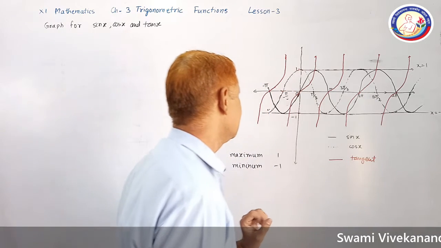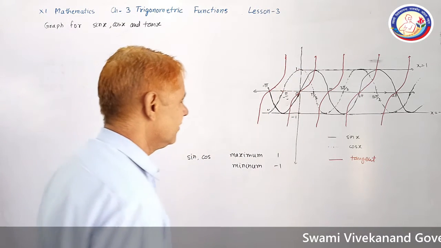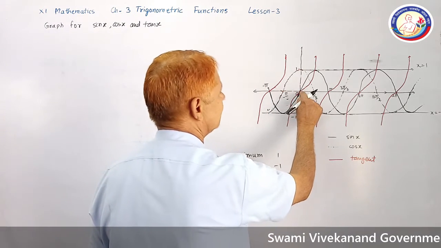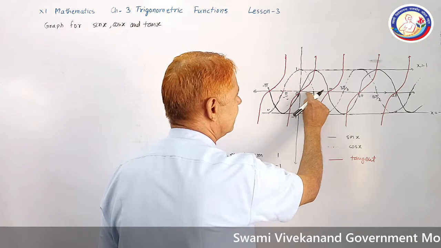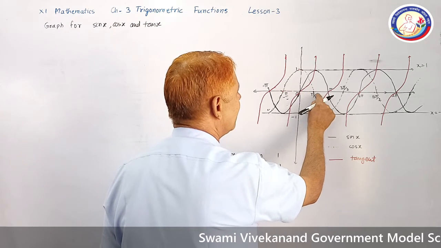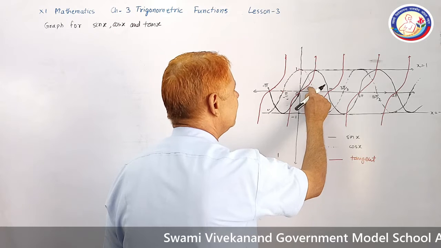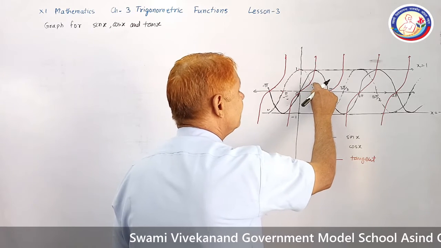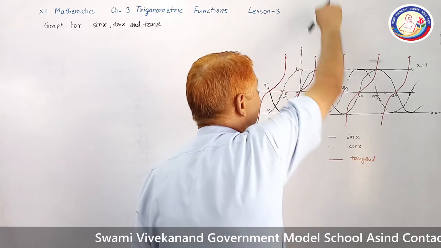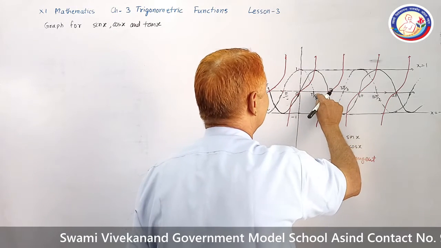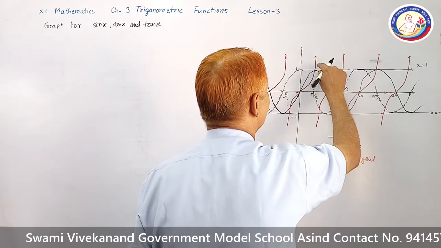Now what about tangent? We know that tangent 0 is 0. If the angle increases from 0 to pi by 2, it first increases slowly and then it tends towards infinity at pi by 2. It is indeterminate at pi by 2.